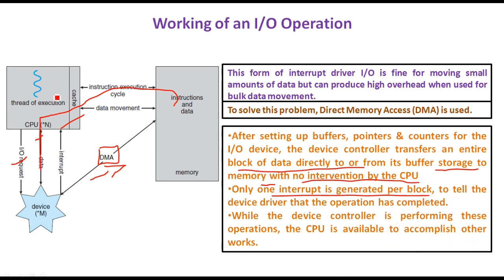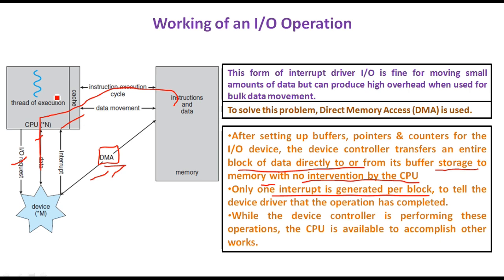So this is how an I/O operation takes place. If high amounts of overhead are produced, we have a solution for this, and DMA is the solution, direct memory access. Via direct memory access, we can tell the device driver that the operation has completed, and we generate only one interrupt per block.